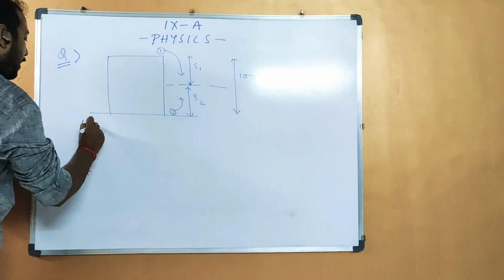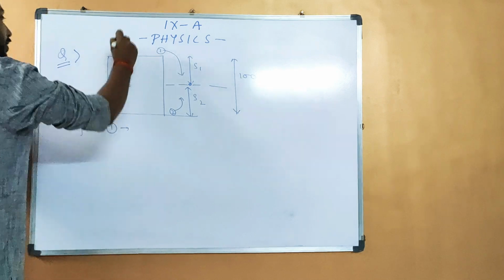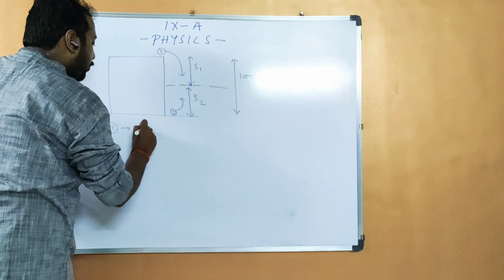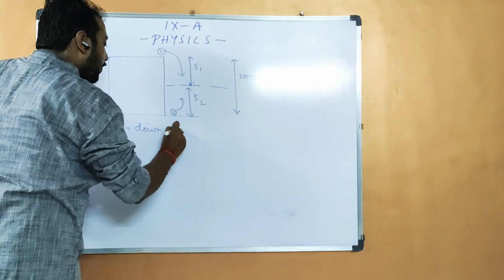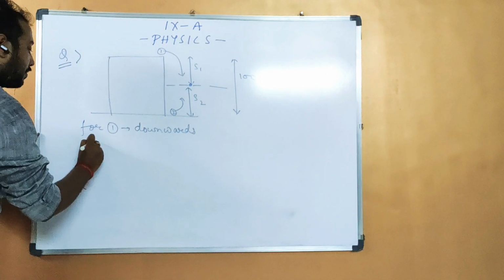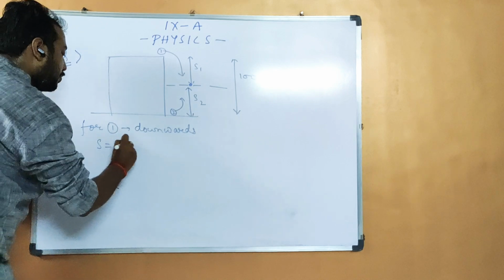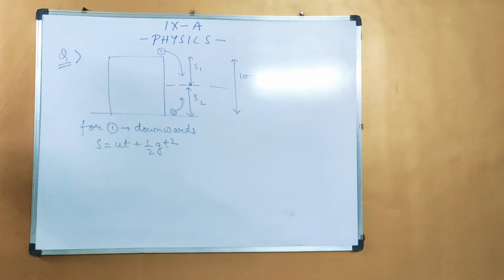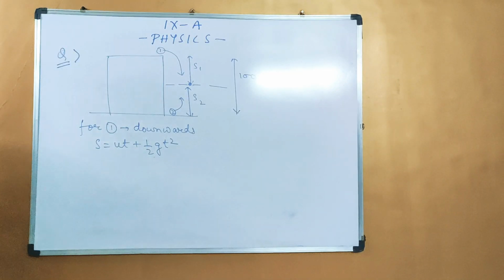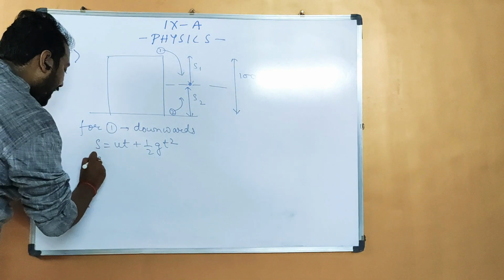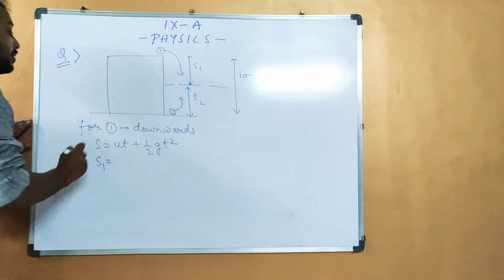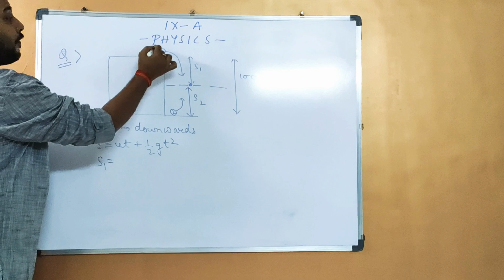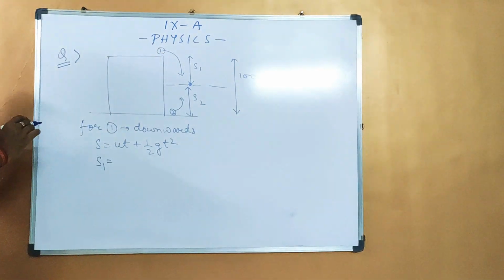Now for stone 1, what is its motion, upwards or downwards? Obviously downwards. Which equation will we use? s = ut + half gt square. Writing S1 here, initial velocity is not given, that means it was at rest.